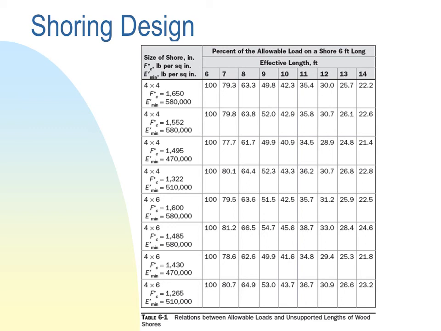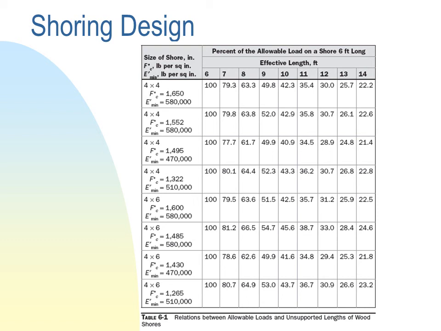Finally, shoring design. It's very important to understand that the most critical issue for shoring is buckling. So here we are talking about the effective length, and if you return back to the design courses, the effective length mainly depends on the end conditions. And the end condition in our case is mainly hinged.